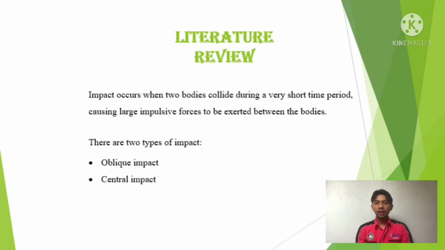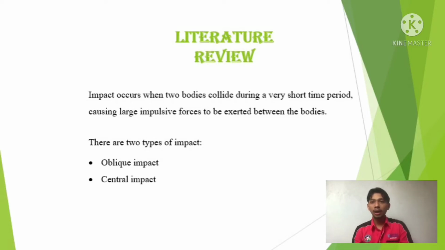Now I want to share a little bit about impact. Impact occurs when two bodies collide during a very short time period, causing large impulsive forces to be exerted between the bodies. Common examples of impact are a hammer striking a nail or a bat striking a ball. The line of impact is a line through the mass center of the colliding particles.